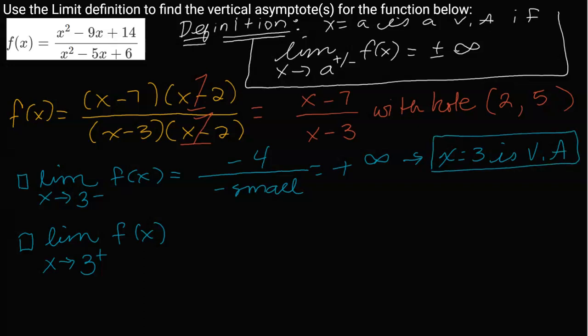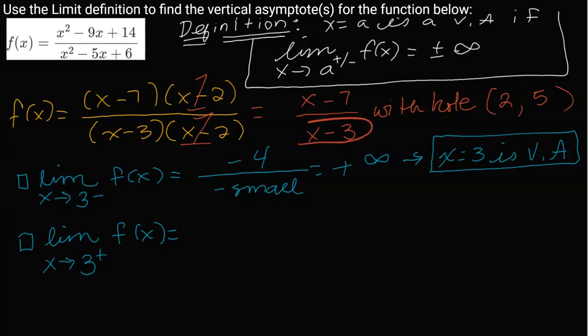Okay, so you only need one of those cases to claim 3 as a vertical asymptote. But if you really want to know the behavior near the vertical asymptote, then you should look at both sides. So let's take a look at the other side as well. When x is approaching 3 from the right, not positive 3, but approaching 3 from the right, x is a number a little bit bigger than 3.